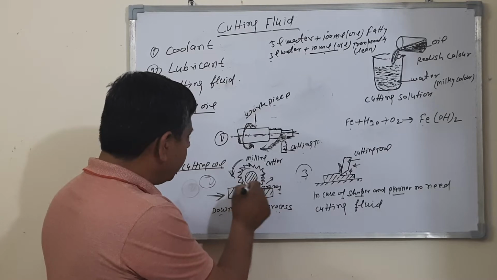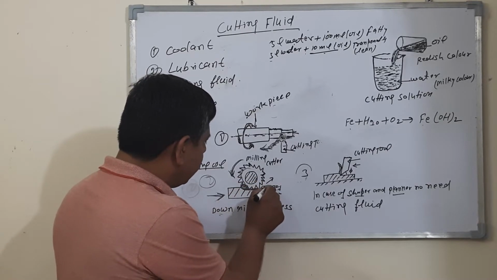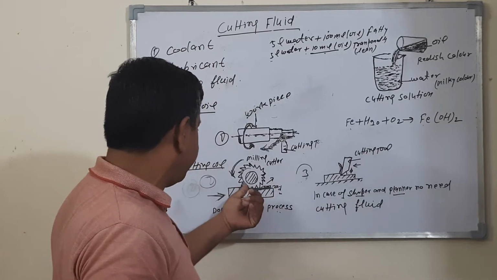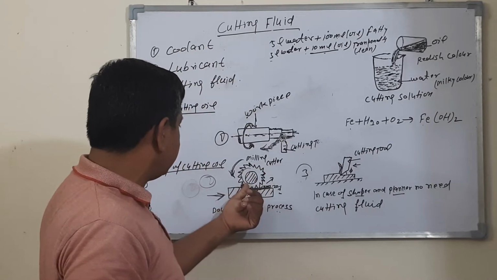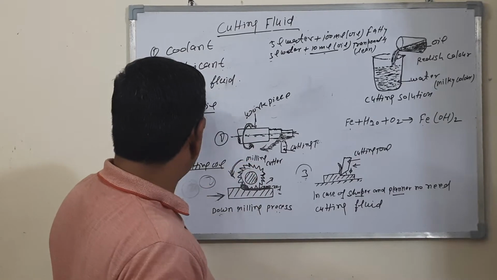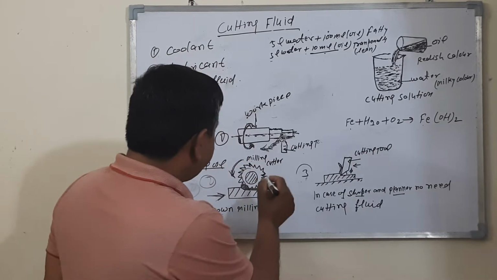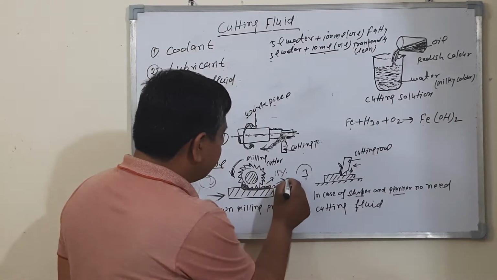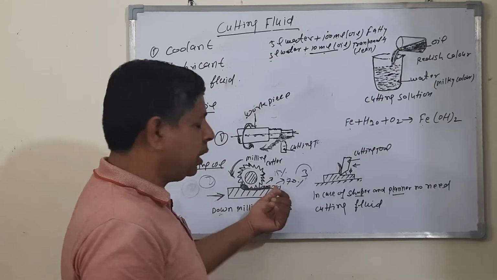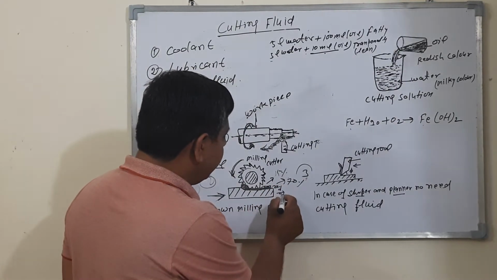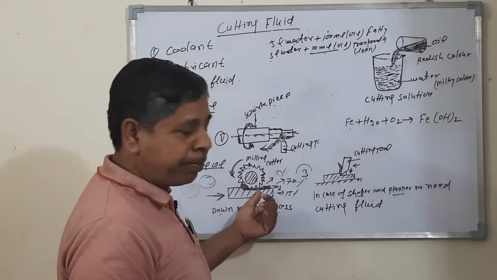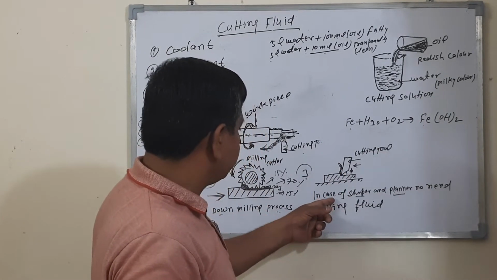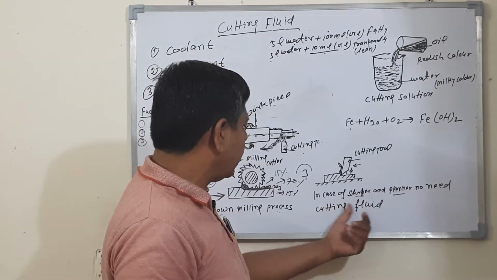Due to the milling cutter on the surface of the workpiece, heat is produced at this point, and the heat is removed by the cutting fluids. 15% of the heat is removed by the coolant, 70% by the chips, and 15% is absorbed by the workpiece.